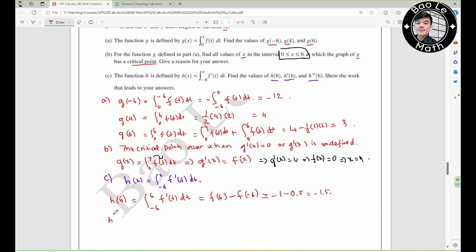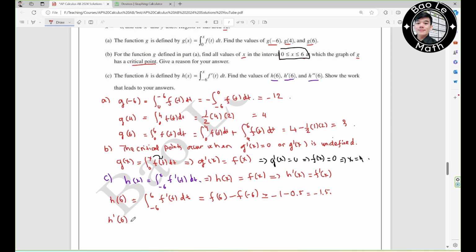Next one, h prime of 6. So from this one, we have h of s equals f of s. Then h prime of s equals f prime of s.